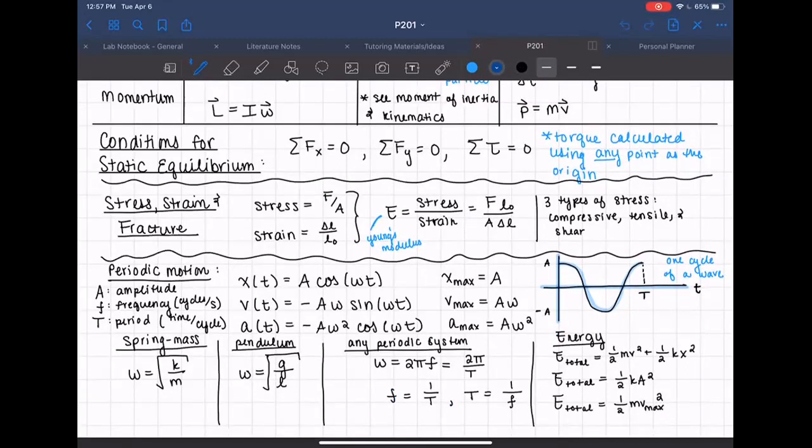It was like they gave you the x at some time, I'll just draw a dot on here. If they gave you the position and velocity at any other time, except for the points of interest, whether you're at the amplitude or the equilibrium point, then you would use the velocity and the position.